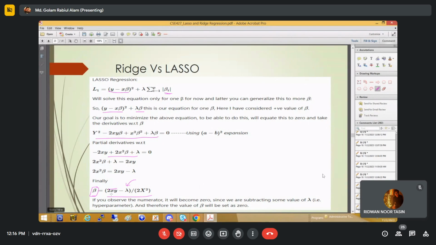The 2xy and lambda, the difference can make the 0. So in this equation we can see beta can be 0. So in lasso regression we will get that beta value 0. That means it will do the feature selection.